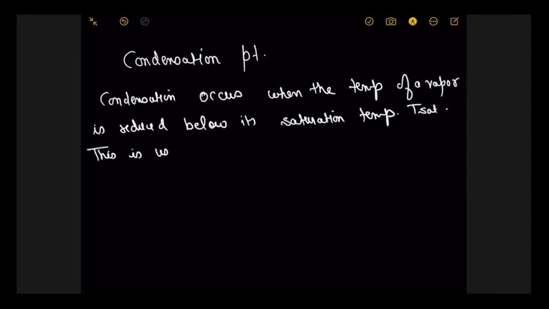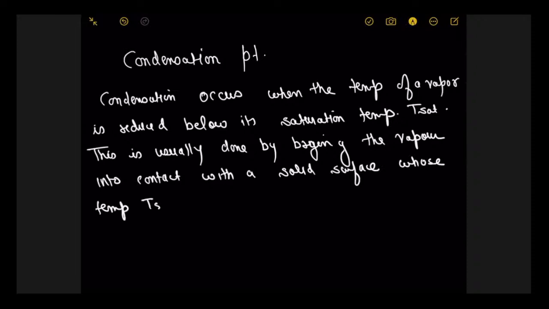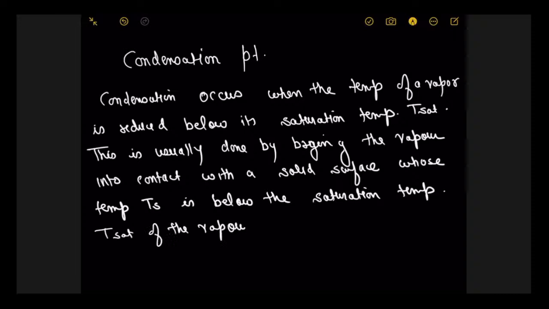This is usually done by bringing the vapor into contact with a solid surface whose temperature Ts is below the saturation temperature Tsat of the vapor.